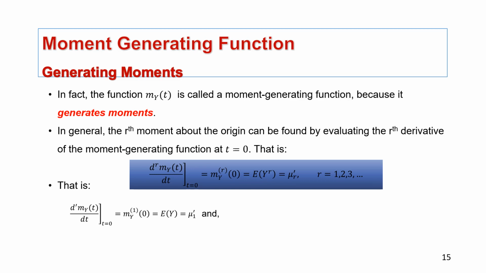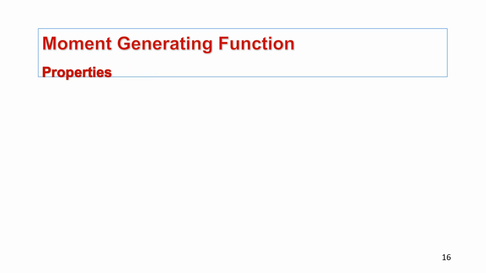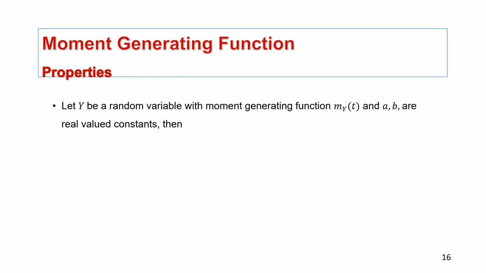Here r equals 1, 2, 3, whatever the value of r. But when I ask you to find the first moment, the expected value of y, let's differentiate the moment generating function only once, and then substitute t equals 0. Similarly, how can I find the expected value of y square? Let's differentiate it twice, and then set t equal to 0.